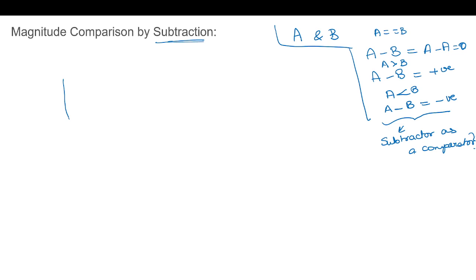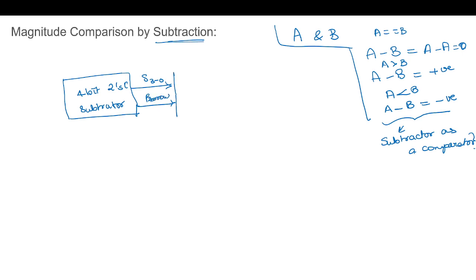So if we consider a 4-bit subtractor, and let's consider a 2's complement based subtractor, then the final output we will have is the subtracted result, which will be 4 bits, and one borrow output. Let me denote this as Cout.